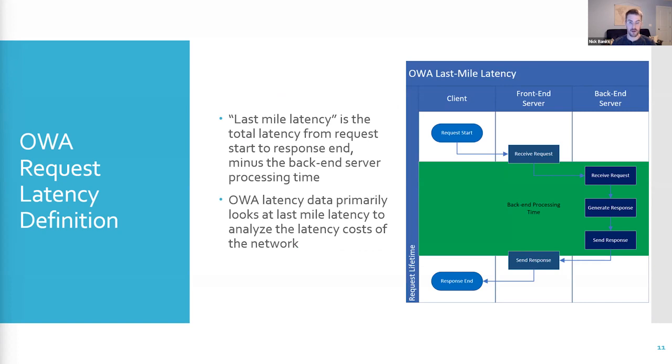As you can see from this little diagram, everything in green is considered the backend processing time. The goal here is to try to just get a latency number that is focused on the last mile, the hop between the client and the front end server, to analyze things like network costs. So that's going to be all the data we look at from here on: last mile latency.